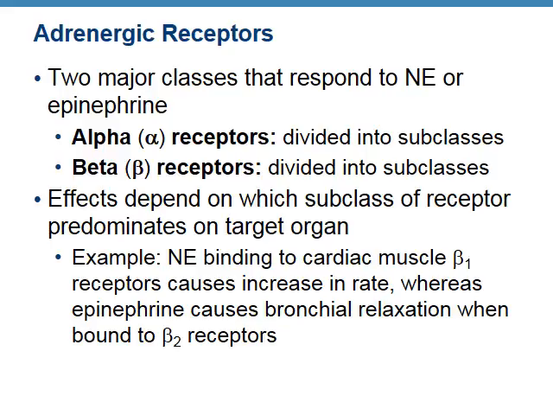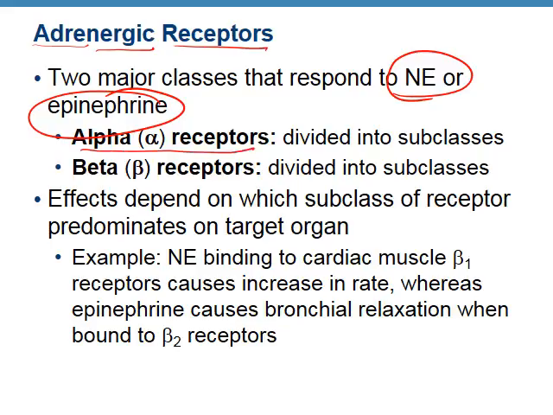So we have talked about acetylcholine and the different types of receptors. Now we get to talk about the different types of receptors for norepinephrine or epinephrine. Adrenergic. Strange, but you can see adrenal gland in this, and you can also see adrenaline. So these receptors, there's two different types. There's an alpha and beta, and there's several subtypes, depending on which subclass of receptor is in the target organ.